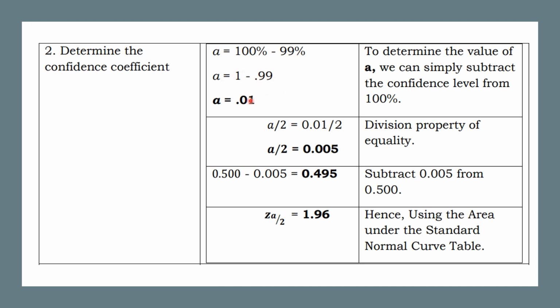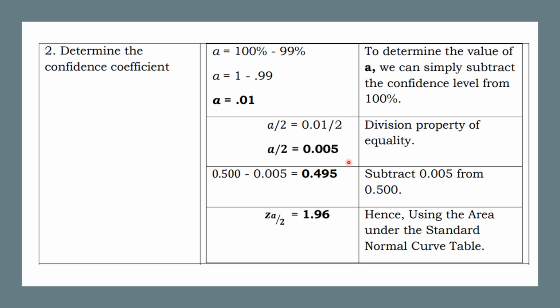By subtraction, that is equal to 0.01. Dividing both sides by 2, we have 0.01 divided by 2. Therefore, alpha over 2 is equal to 0.005. This is the same as the given in the previous example.